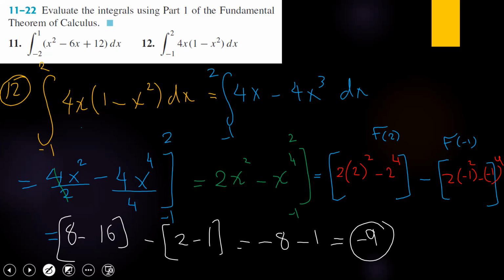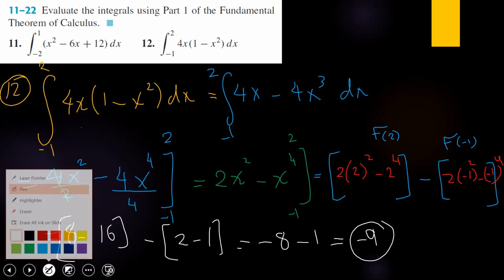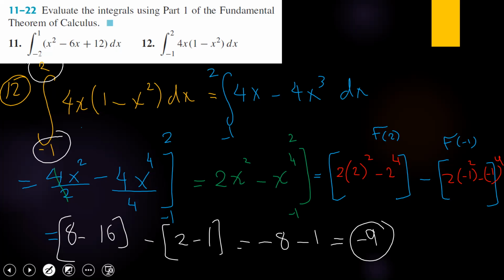Yes, Shahad. When do we write plus c? Plus c in the definite integral. If you talk about indefinite, meaning there's no number, there's no negative 1 and 2, it's an open interval, you have to write plus c.